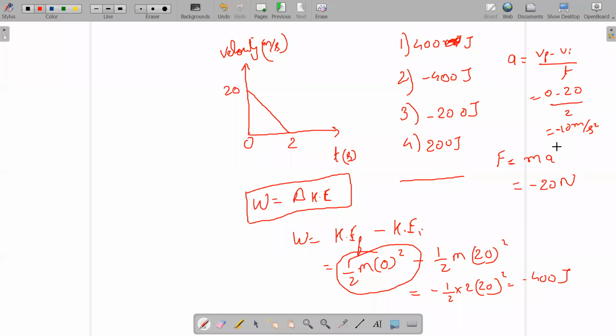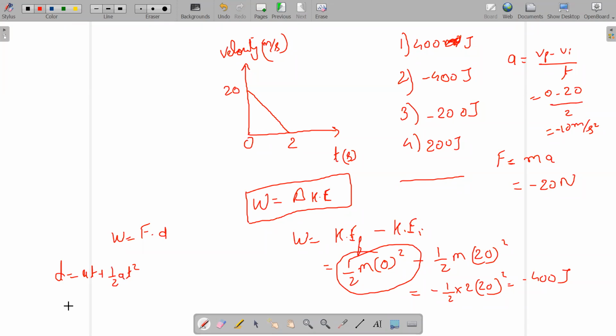Then, because it's a constant acceleration motion, you could apply F into S, since work done can be given as force into displacement. For that, you can first find the displacement using constant acceleration: you know the initial velocity and the time, so you could use S equals to ut plus half at square.